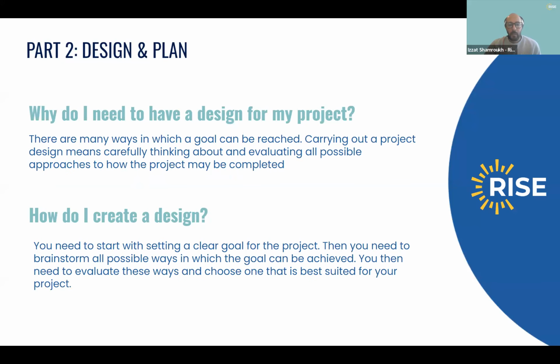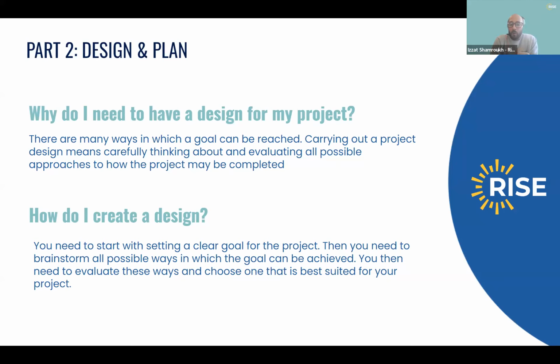So let's start. The first point that I'd like to cover is why do I need to have a design for my project? This is a really important point, and as you can see here, I've outlined at least one point, which is that there are many ways in which a goal can be reached. Carrying out a project design means carefully thinking about and evaluating all possible approaches to how the project may be completed.